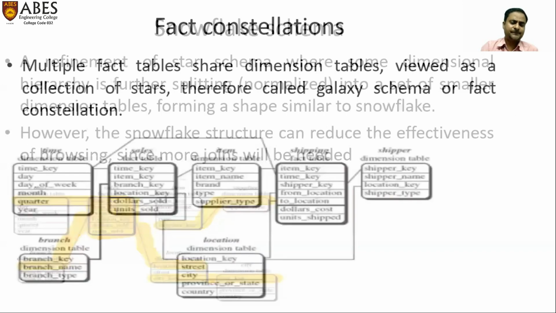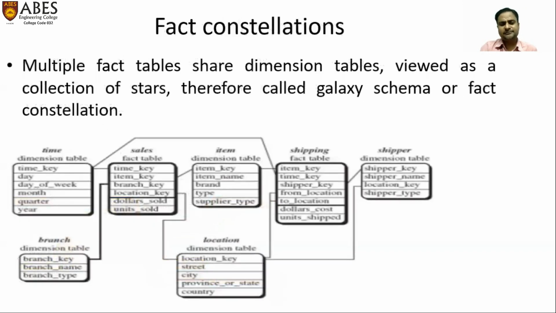In fact constellation schema, one can see here that it is a combination of star schema as well as snowflake schema. Sometimes it is also called the galaxy schema because multiple relationships are there: A is related to B as a center and related to C as a snowflake, but it may be possible that they are related to D, E, F, and G in another center, star schema, and snowflake schema.